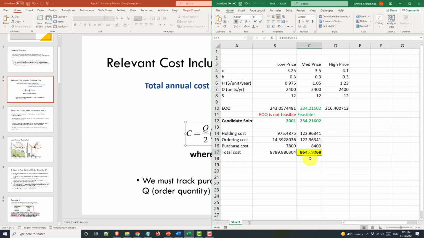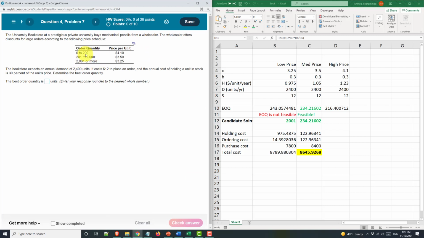This is optimal. Now just to check whether our algorithm works, we can also do the same thing here for a high price. We know that the price of 4.1 is only valid from 0 to 200. It's not valid at 216. So we're going to have to move this down to 200, so that we can use a price of 4.1.